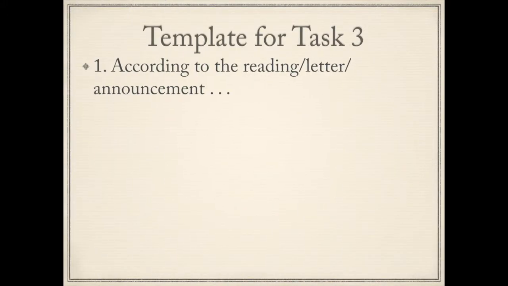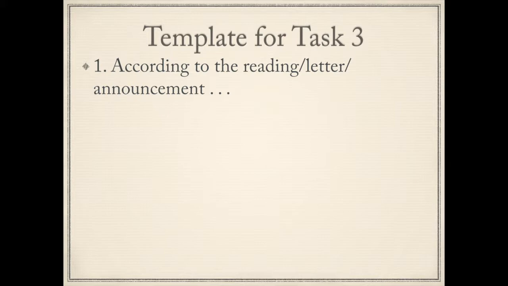According to the reading, according to the letter, according to the announcement, the campus will be home to a new library. We'll be building a new church, or we'll be building a new cafeteria, or there will be renovations, or the parking space will be closing down, whatever, depending on what you see.